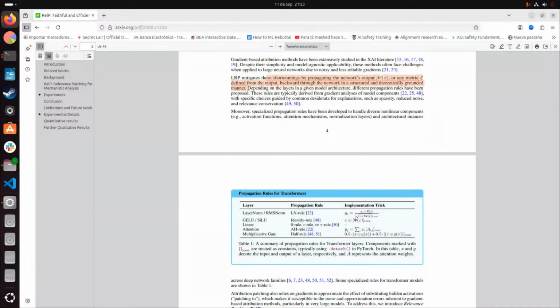Well, I mean, doing a gradient is also structured and theoretically grounded, I guess. I don't know why this is. Okay, depending on the layers, given a model architecture, different propagation rules can be proposed.